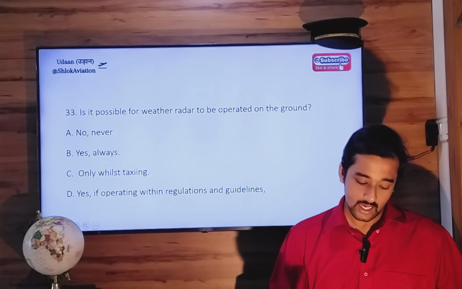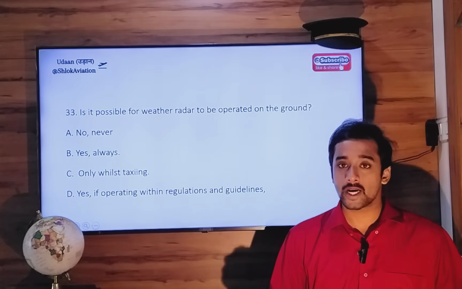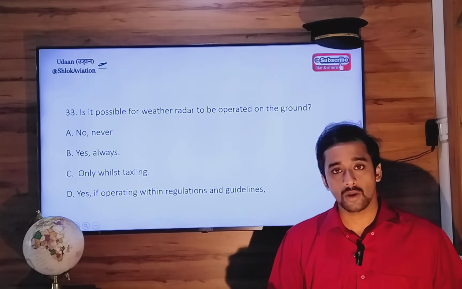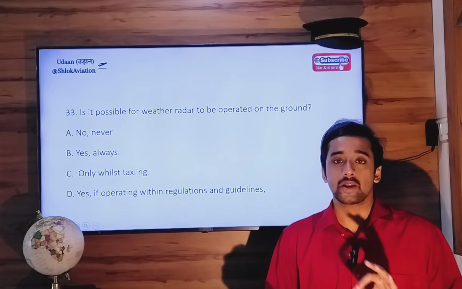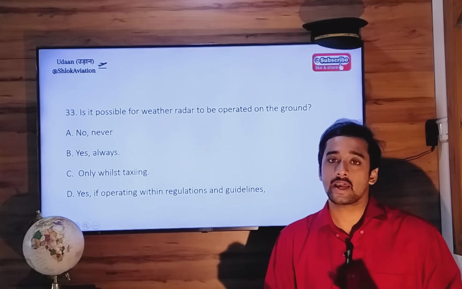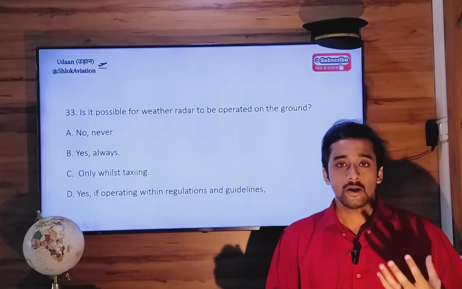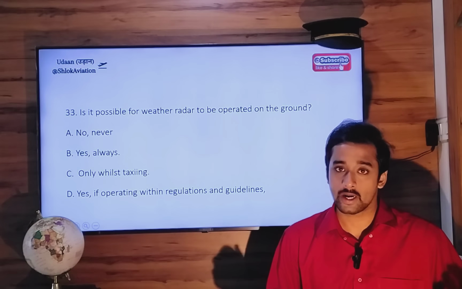Question 33. Is it possible for weather radar to be operated on the ground? Yes, it is possible to be operated on the ground, but you have to take care. You have to take precautions and follow all the regulations set by the manufacturer, your company, and the regulatory authority.